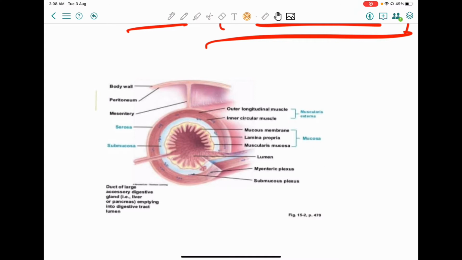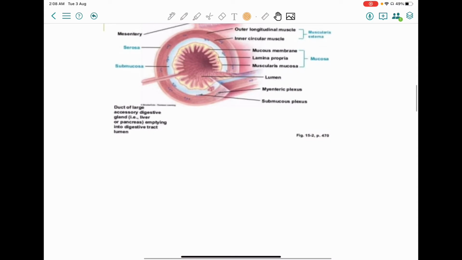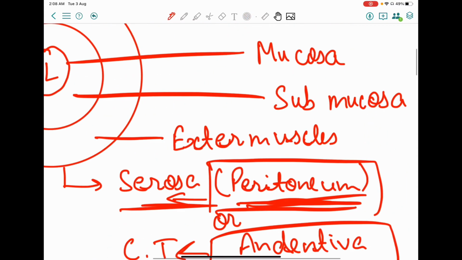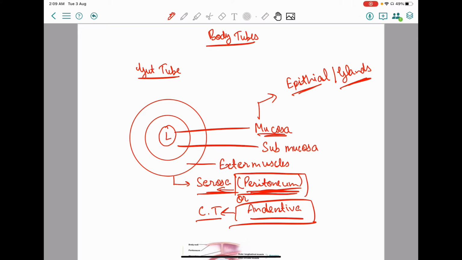And one more thing, the mucosa itself has three parts. At the innermost there is epithelium, the epithelial mucosa, and it also has glands. So you can say the innermost mucosa has epithelium and glands.